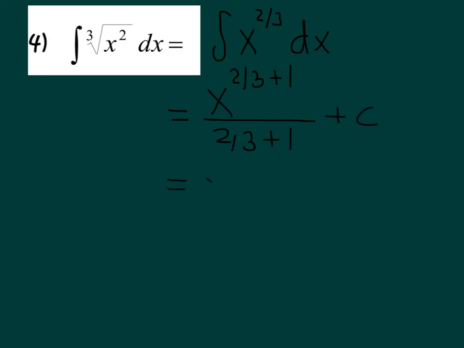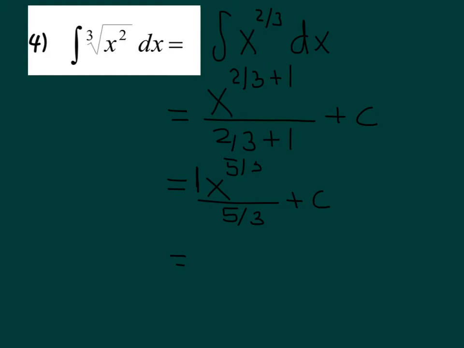So we're going to have x to the 5/3 over 5/3 plus the constant. And then we're going to simplify the coefficient over the 5/3.